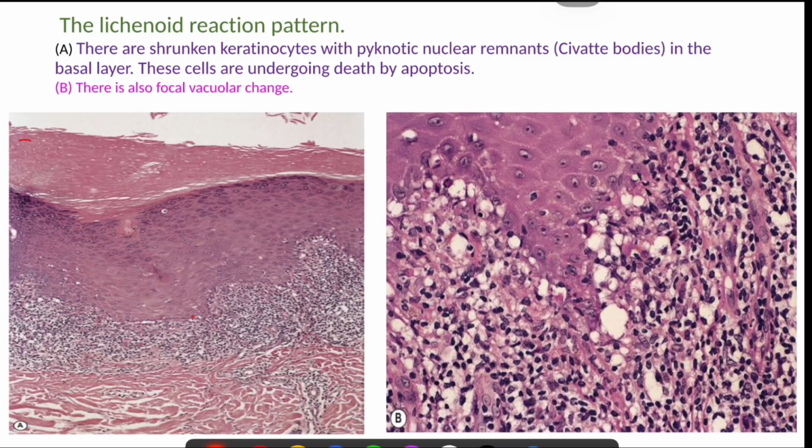Here you can identify hyperkeratosis, wedge shaped hypergranulosis, some having sawtooth appearance, band-like lymphocytic infiltration, and in this you can identify basal cell vacuolization, right?